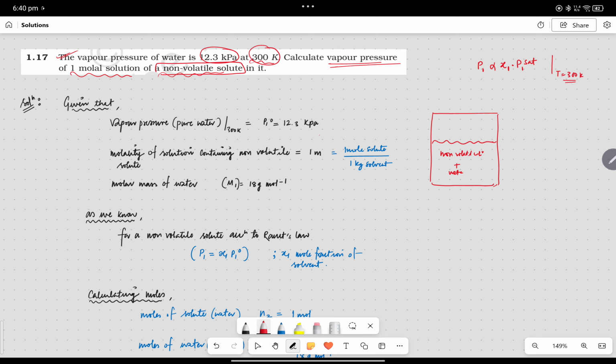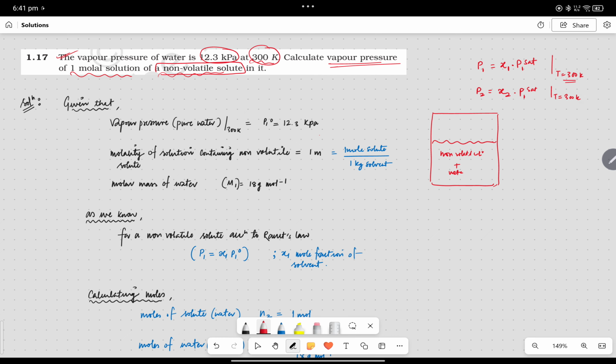Now P2, that is the partial pressure due to component 2, is equal to x2, that is the mole fraction of that particular component in liquid phase, into the vapor pressure of that component at that particular temperature, right?